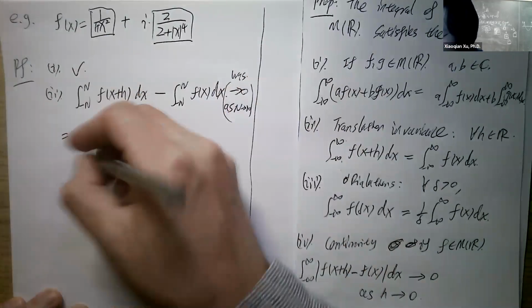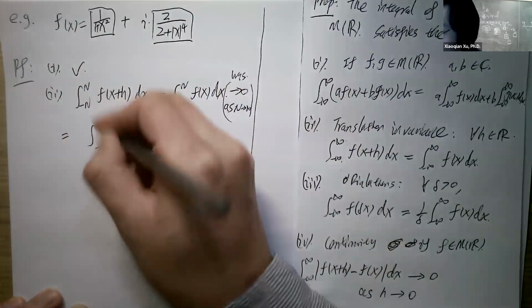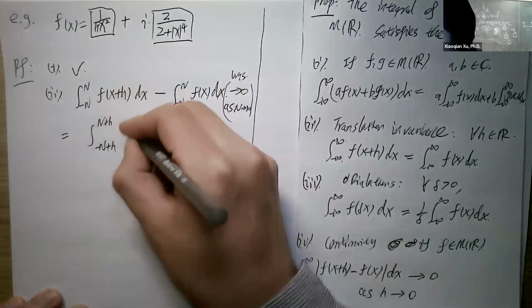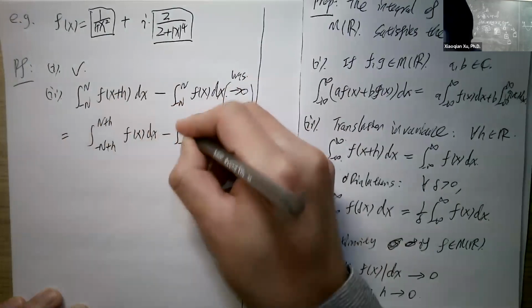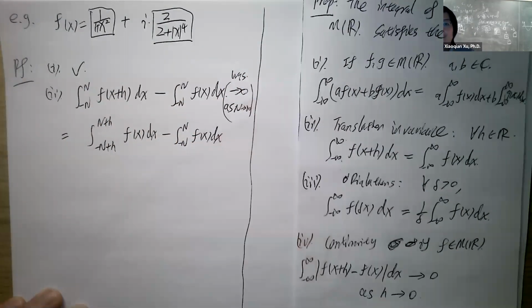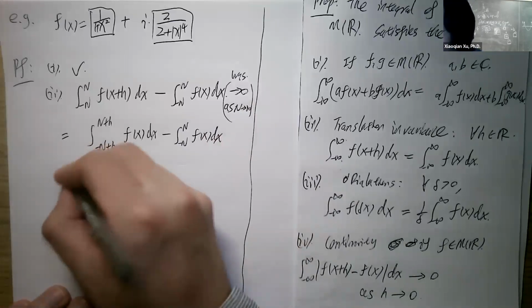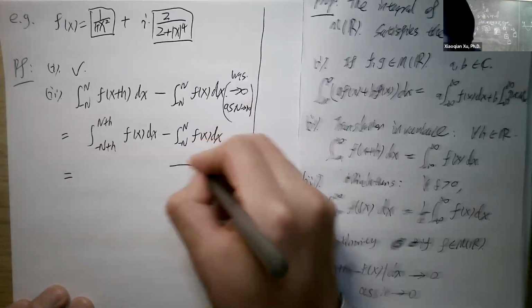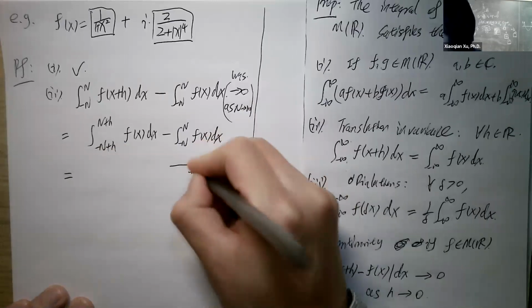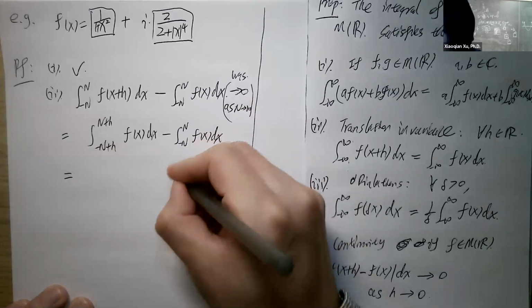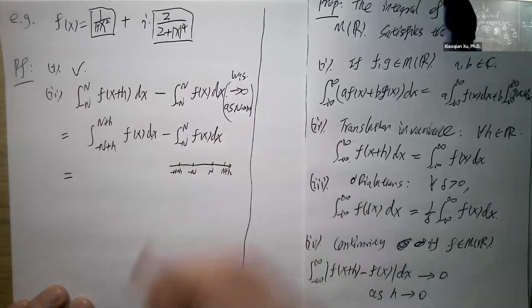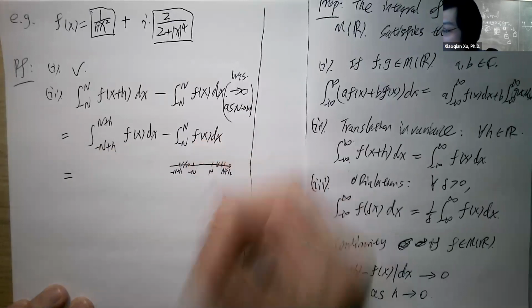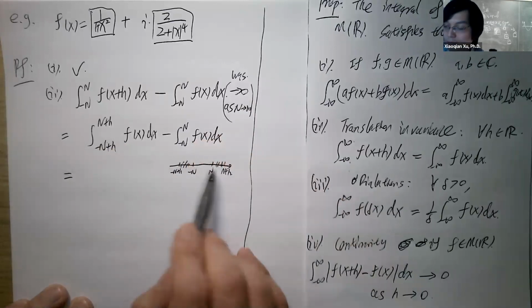So it's the integral from minus n plus h to n plus h of f(x) dx minus the integral from minus n to n of f(x) dx. So if you take the subtraction, you only take the integral from here to here, right?